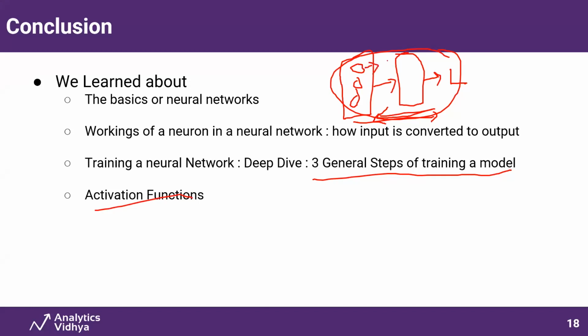Basically, we learned that every neuron gets an input and it gives an output. How does it give an output? It gives that output using activation functions. And we also know that different use cases have different activation functions. For example, predicting the price of a house has a different activation function compared to a binary classification problem, right?